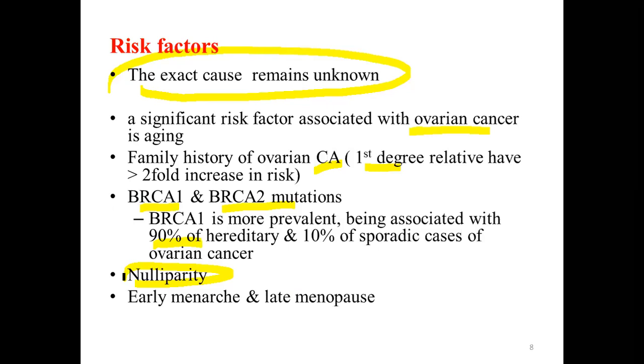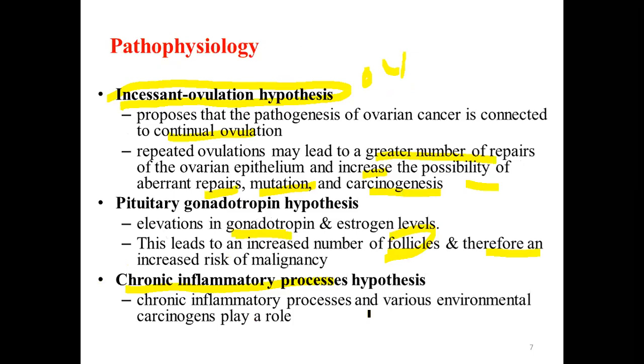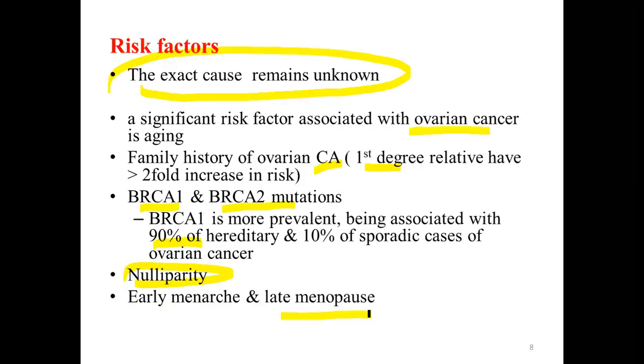Then early menarche and late menopause, which are related to hormone exposure. It can explain the pituitary gonadotropin hypothesis as well as the incessant ovulation hypothesis. When someone has early menarche and late menopause, they have prolonged ovulation as well as prolonged exposure to the hormone.